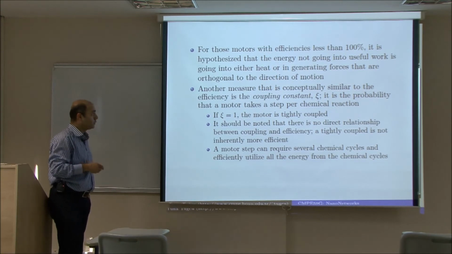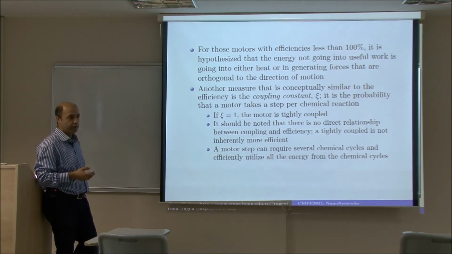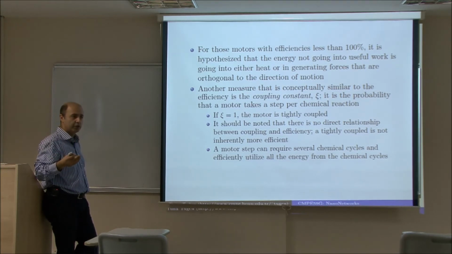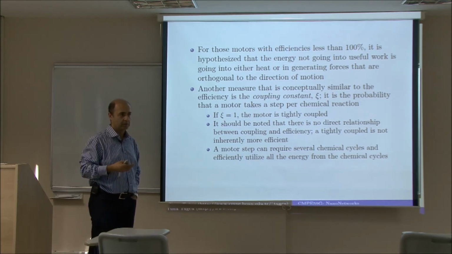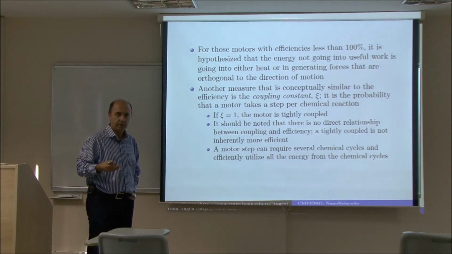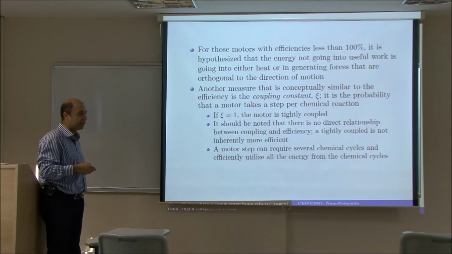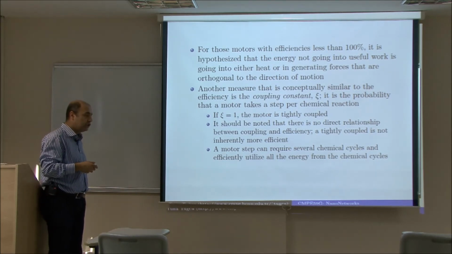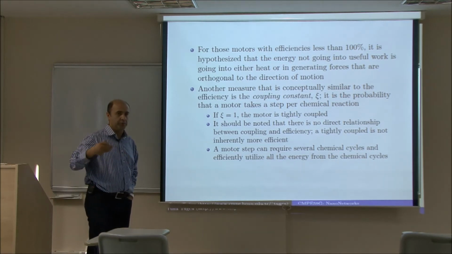For motors with efficiencies less than 100%, it is hypothesized that the energy not going into useful work is wasted. Now if it's 100%, that means you're not losing any energy. You're converting all of the energy to do work. That's perfect. And human-made motors, for example, cannot achieve this. Okay? If the efficiency is below 100%, that means you're not able to use all of your energy for producing useful work.